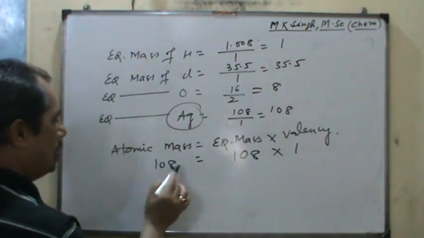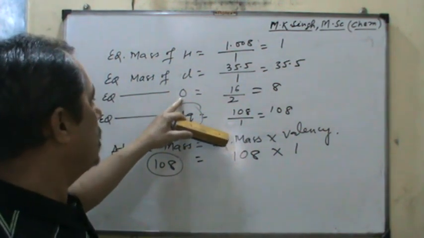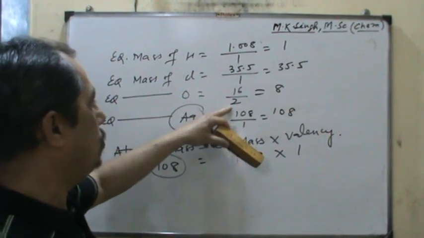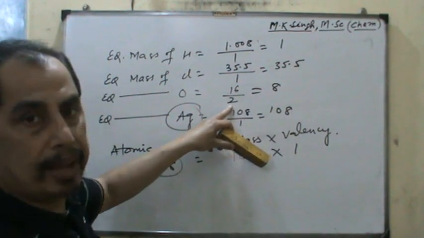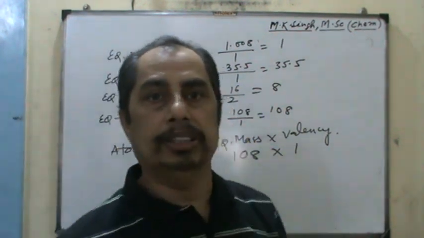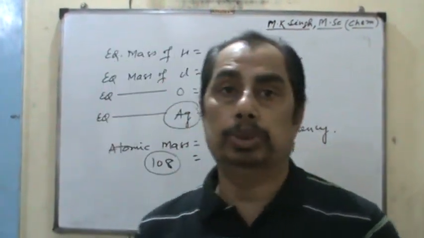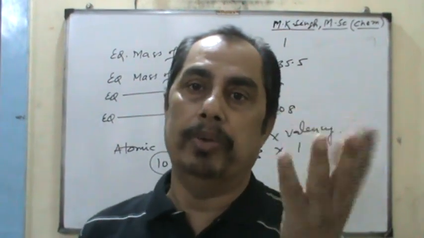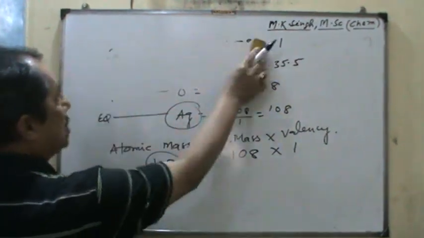So this 108 is the atomic mass. For example, atomic mass of oxygen is 16. So what is the equivalent mass? Atomic mass upon 2. And atomic mass is equal to equivalent mass multiplied by 2. Because the equivalent mass of the oxygen carries 2 unit negative charge. So atomic mass upon valency. What is the valency? Valency is 2. This way you can calculate the equivalent mass of any substance.